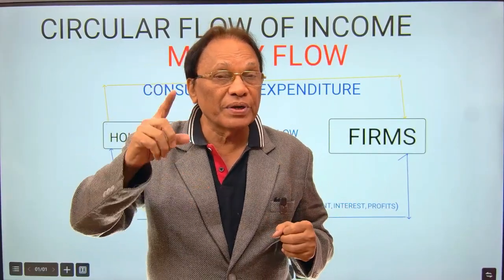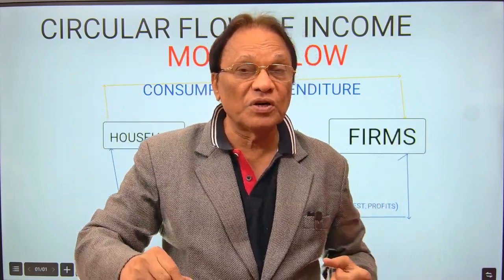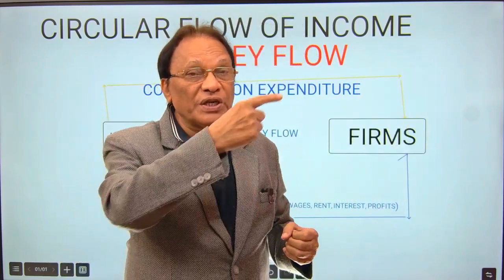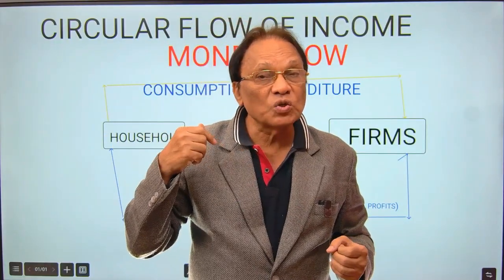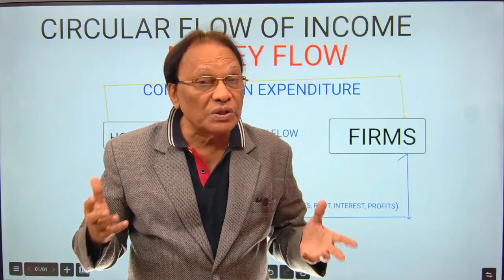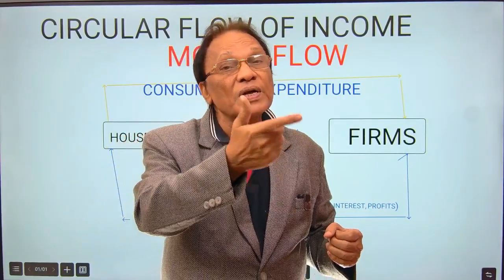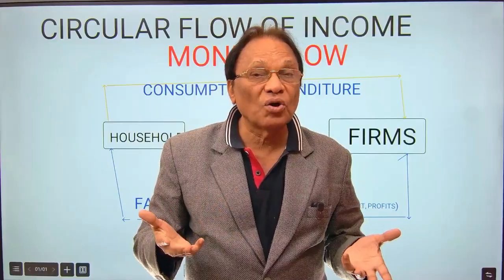They provide their factor services to the firms. That means real flow is taking place from households to the firms. In return, if the firms give them goods and services, again real flow is taking place from firms to households.